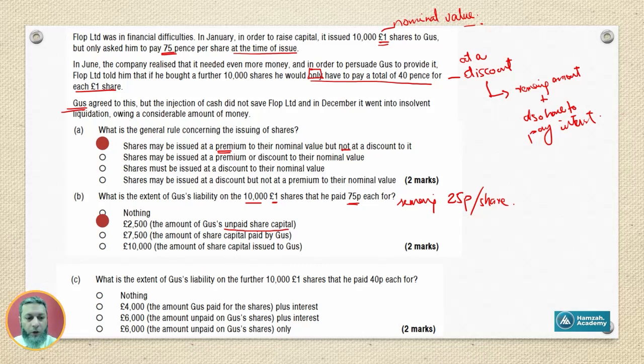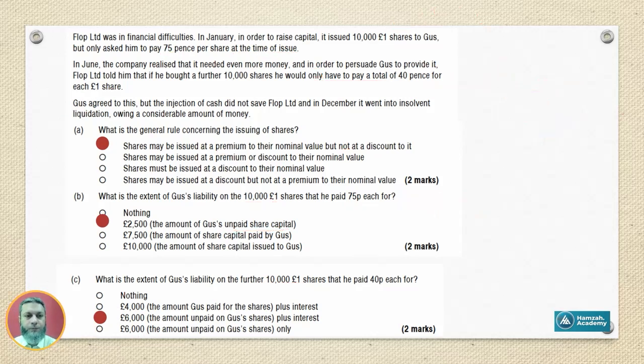Next one: what is the extent of Gus's liability on the further 10,000 £1 shares on which he had paid 40 pence? Now here it's not just 60 pence per share, it is 60 pence plus the interest. So this is the tricky part. We understand this one is not the answer, but here if you do not know the principle, you would go for £6,000. So the legal principle is that he has to pay the remaining amount as well as the interest.